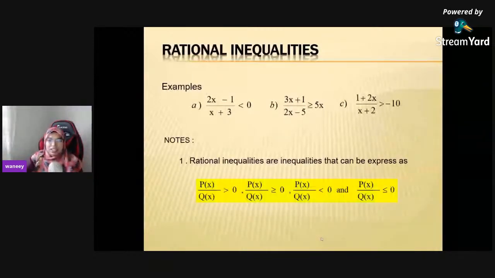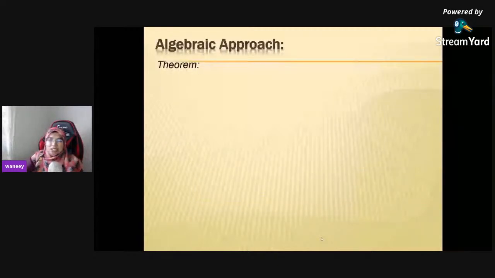Okay, rational inequalities are inequalities that can be expressed as p(x) over q(x) greater than 0, p(x) over q(x) greater than or equal to 0, p(x) over q(x) less than 0, and p(x) over q(x) less than or equal to 0. So in algebraic approach, this is the theorem.